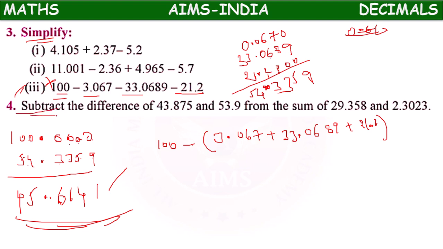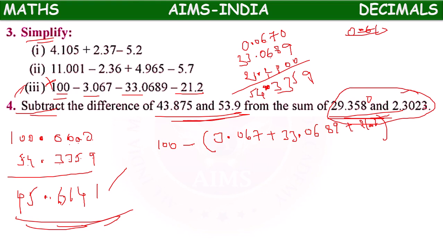Next, fourth one. Subtract the difference of these two from the sum of these two. So sum of these two we have to find. Directly also we can add. We can keep 0 here. 4 decimal places, 4 decimal places.